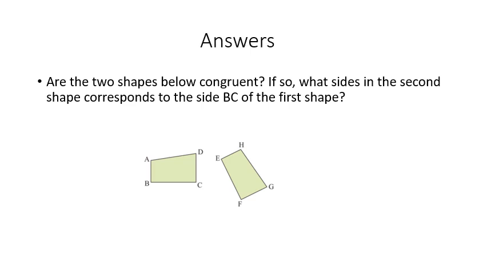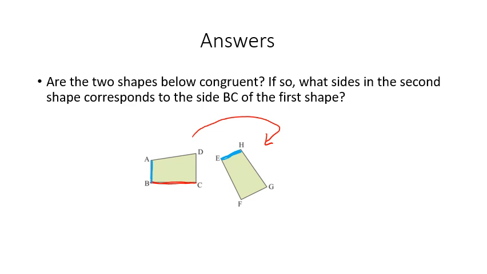Okay, so let's see how you went. We are essentially looking for the side that corresponds to BC, but we're looking for that side on our second shape. Now we know that AB is the smallest length, so therefore EH must correspond to AB.